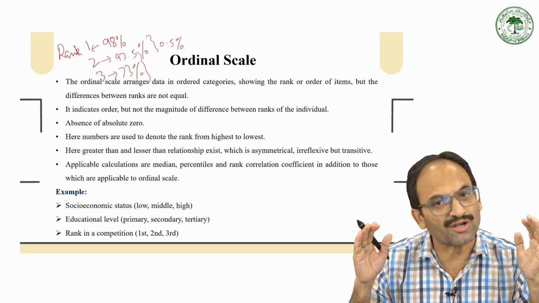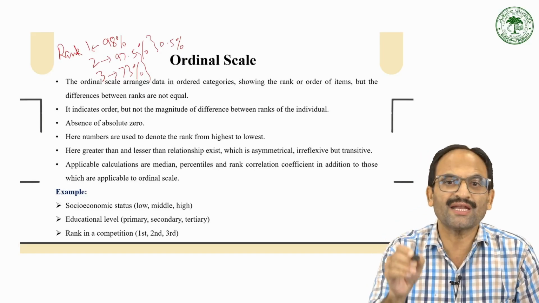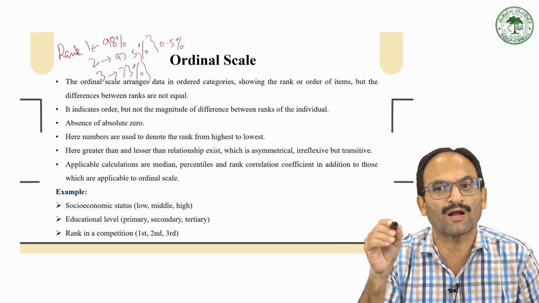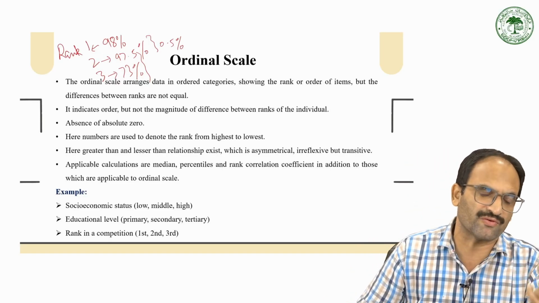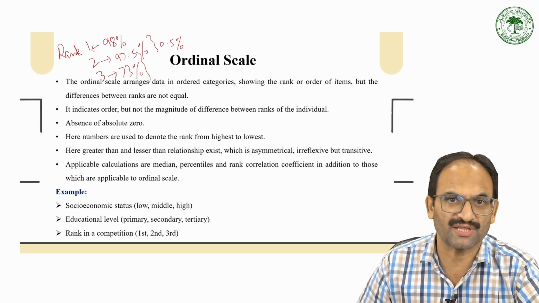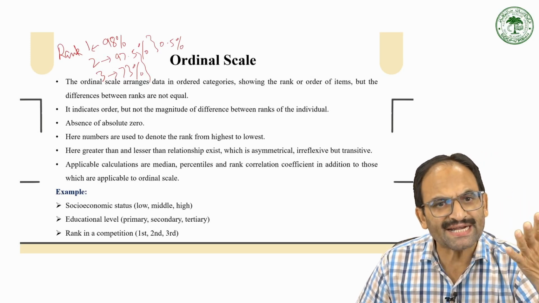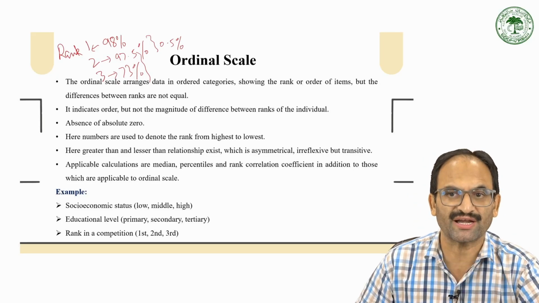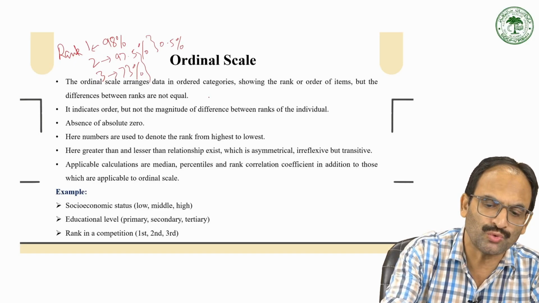An ordinal scale arranges data in ordered categories showing the rank or order of items, but the differences between ranks are not equal, which I have explained through the example shown on the slide. It indicates order but not the magnitude of difference between ranks of the individuals, and there is no absolute zero.